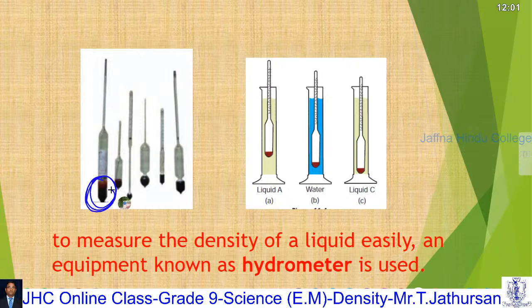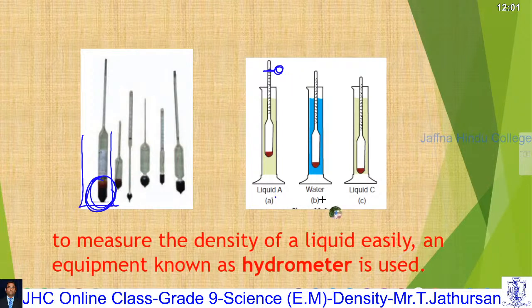To keep the hydrometer stay erect. Right. Hydrometer reading: the initial reading is at the top of the hydrometer, 0, situated at the top of the hydrometer. Right.